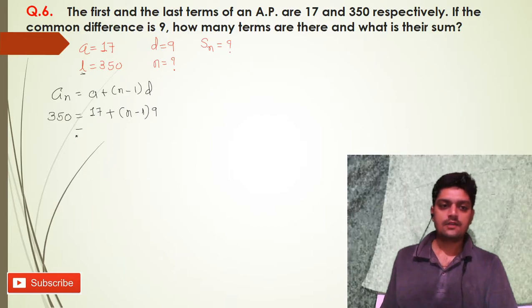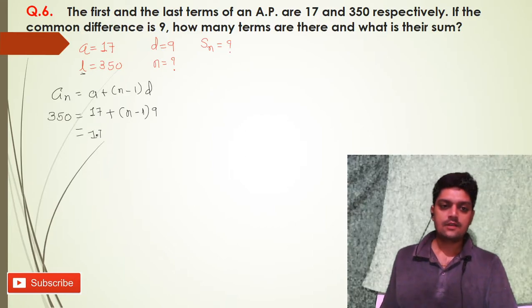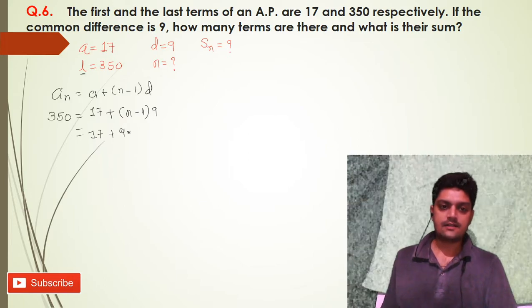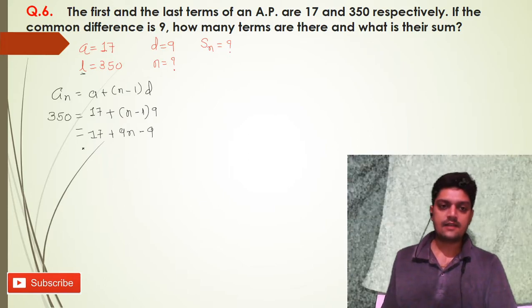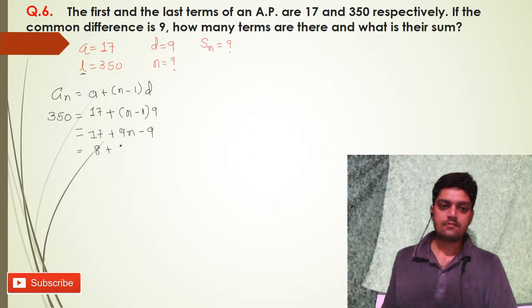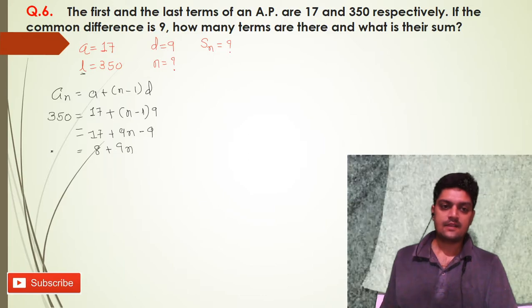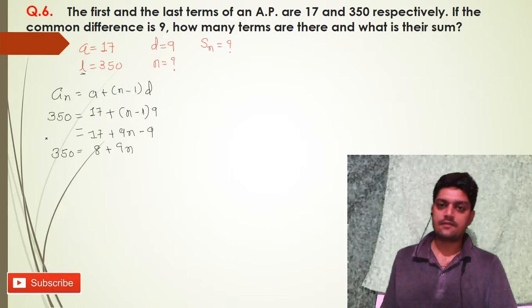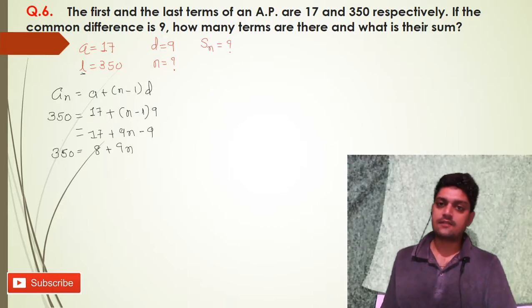Now easily we can simplify here: 17 plus 9n minus 9, so 17 minus 9 is 8, plus 9n, that is 350. If every time you don't write 350, it's okay, but here it's required, so I have written.